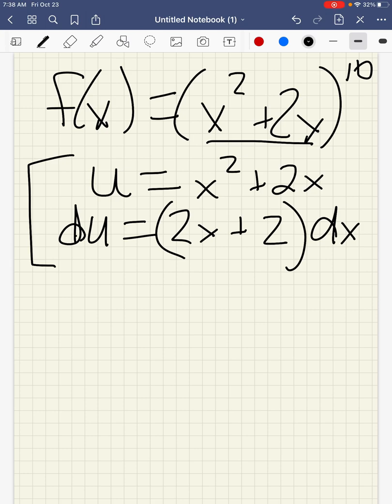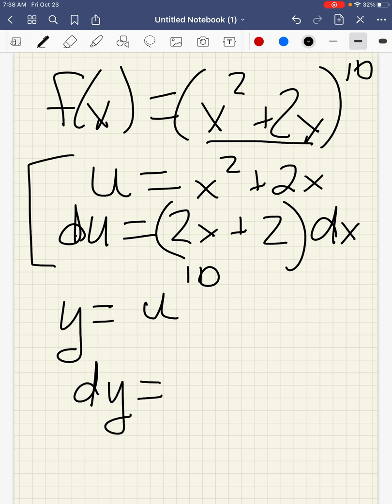Going back to the original problem, now I'll just change f of x to y. Y is equal to not (x squared plus 2x) to the 10th, but u to the 10th. And now we can find dy. dy is equal to 10 u to the 9th du.